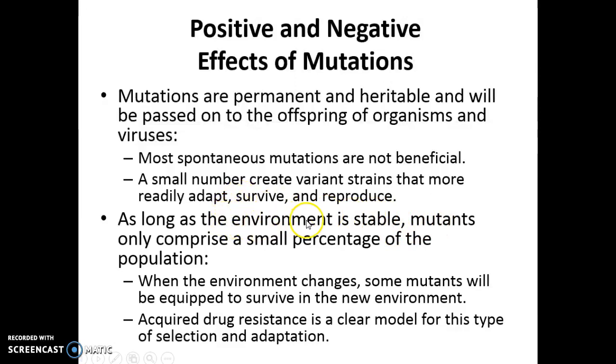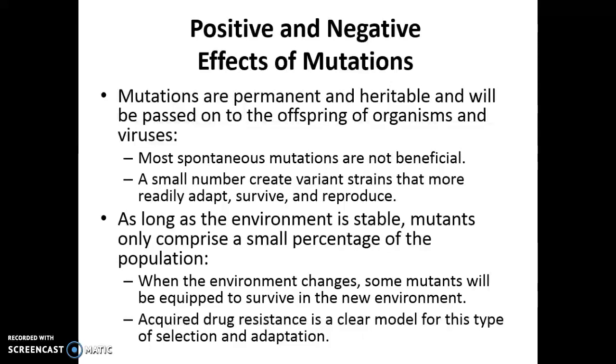Now, as long as the environment is stable, mutants only comprise a small percentage of the population. All right, so in most cases, the population is normal or has that normal genetic material. When the environment changes, some mutants will be equipped to survive in that new environment, and so the whole population will shift to this slightly different population.